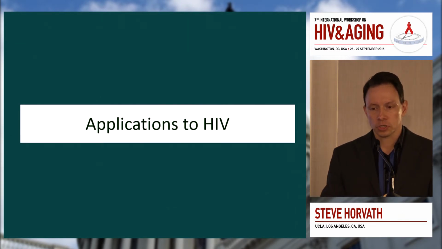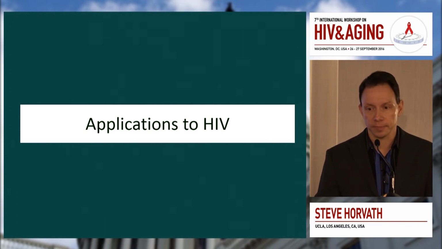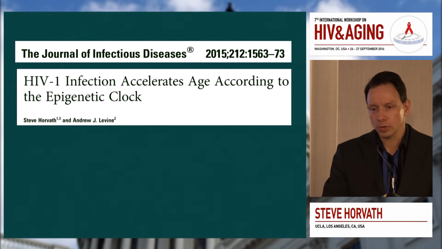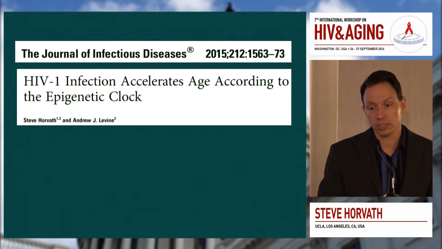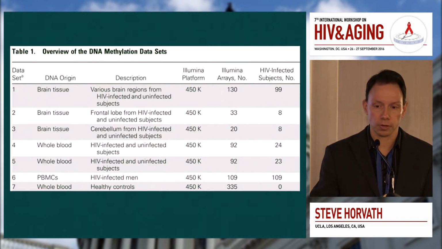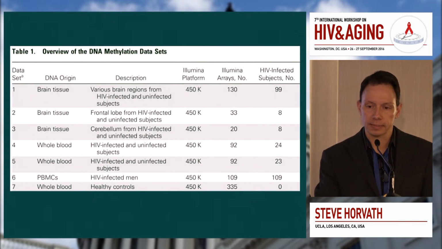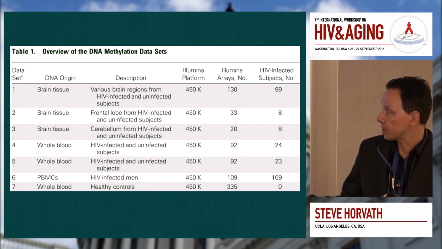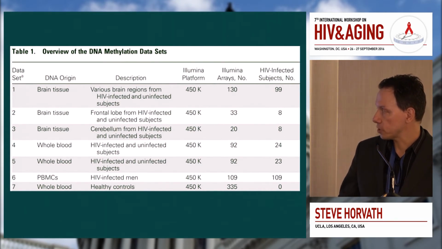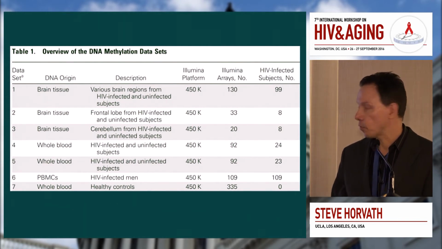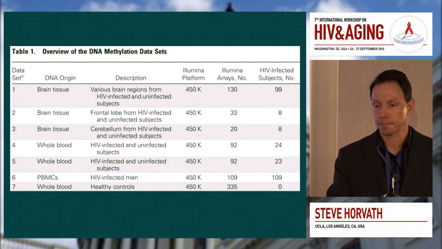So let me show you some results in HIV. Andy Levine and I looked at the effect of HIV infection on the epigenetic clock. And we analyzed many methylation data sets. Many of them deal with brain tissue, so 3 brain methylation data sets and 4 blood methylation data sets.